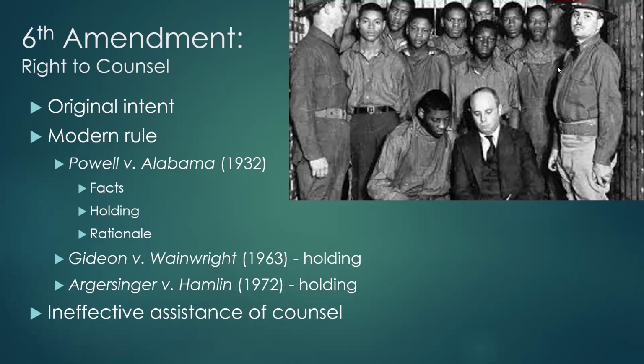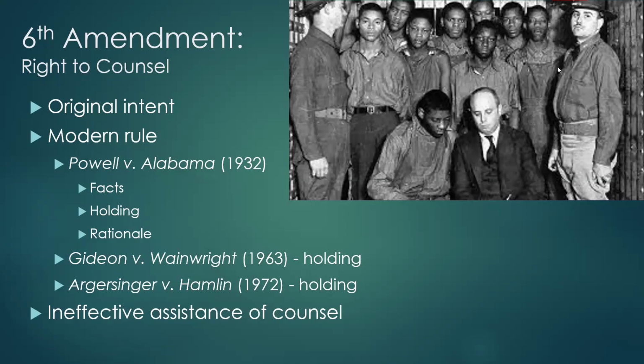So defendants on appeal can claim that they did not have effective assistance of counsel, or their counsel was incompetent in some way. And the court then will conduct a review of the record of the case and look at what type of assistance the attorney provided to the defendant.